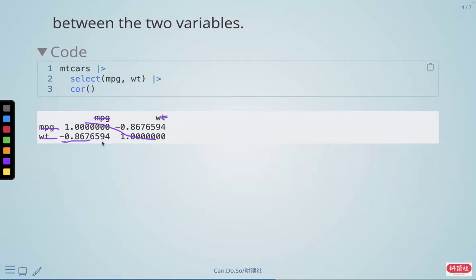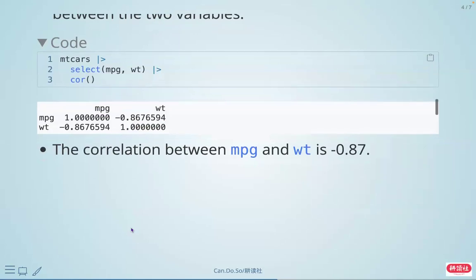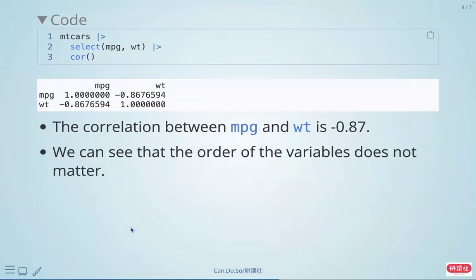And this one is the correlation of each other. We can see that the two values are identical, which means x's correlation to y is equal to y's correlation to x. So if we change the order, put weight in front of mpg, we will get the same value.